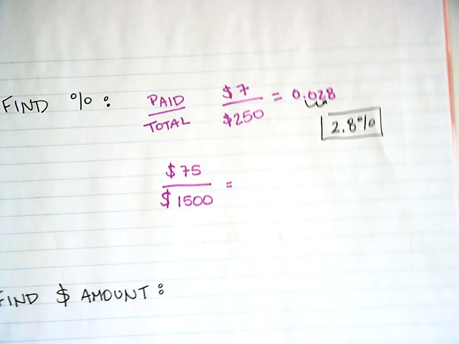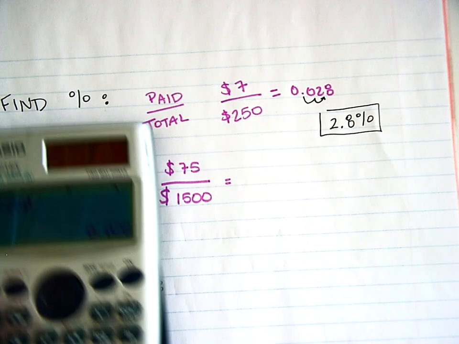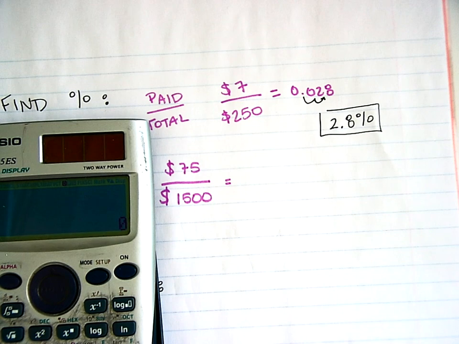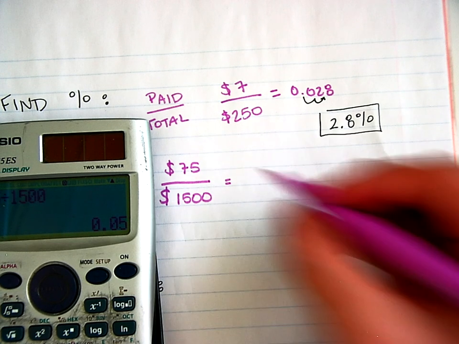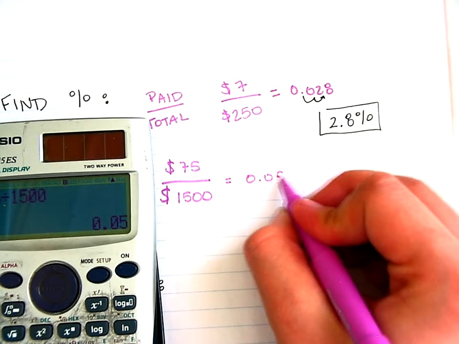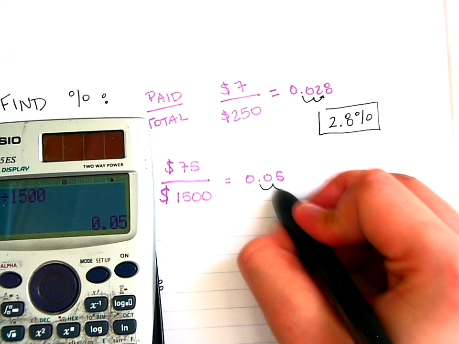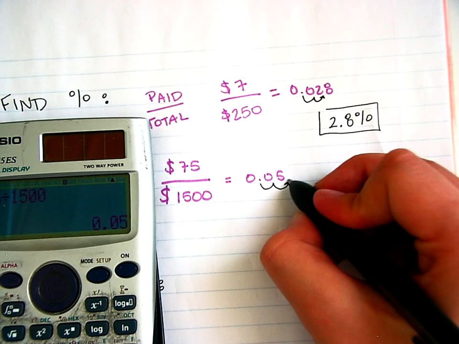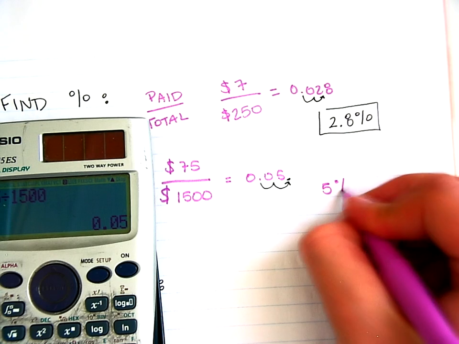We're going to find what percent 75 is of 1,500. So 75 divided by 1,500 is 0.05. Again, we need to make this a percent, so we move the decimal over twice. That means this percent is 5%.